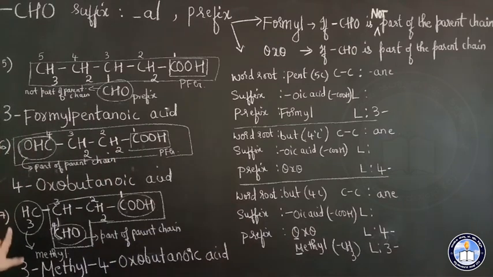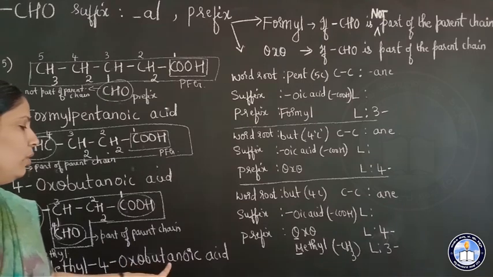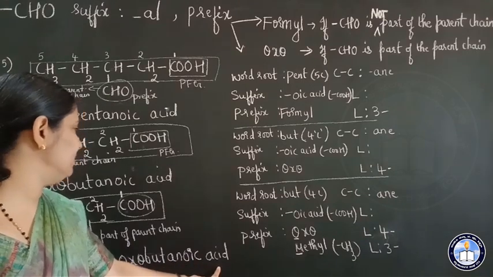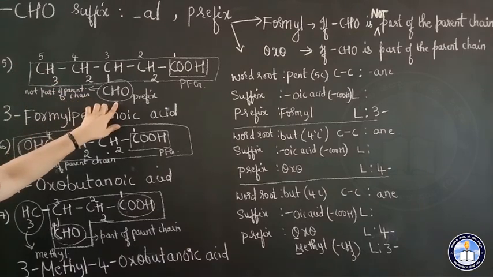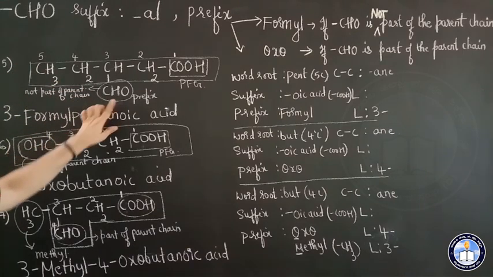So the name of this compound is 3-methyl-4-oxobutanoic acid. So these two, 6th and 7th compounds, CHO group is included in the parent chain. 5th compound, CHO is not included in the parent chain.